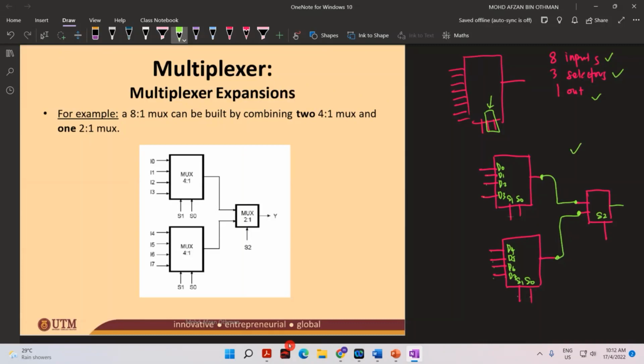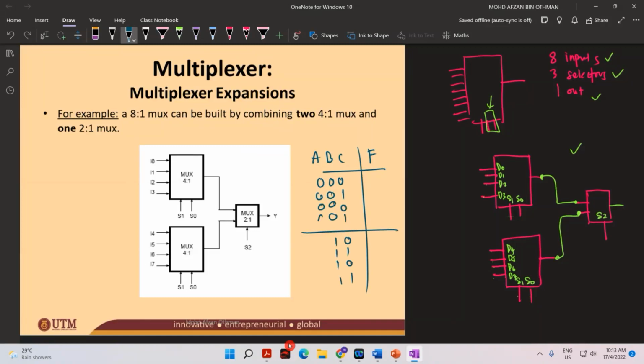Okay, nak check tak? Betul tak kita punya sambungan ni? Boleh check. Okay, kamu masukkan lah any truth table. Contohlah kita ada truth table macam ni A, B, C, F. 0, 0, 0. Okay, you put any numbers lah, any value.